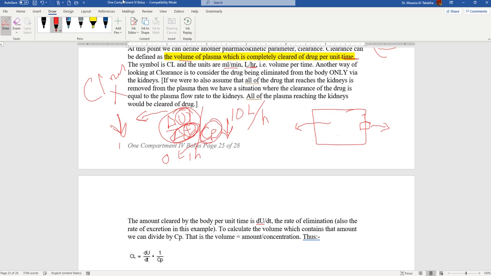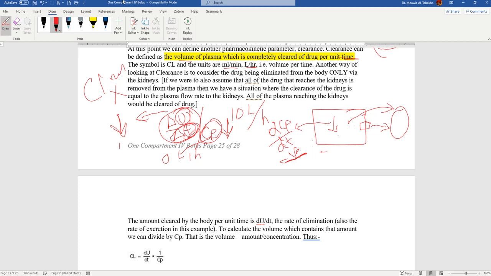Here we have dCP/dt, and we agreed that this is a negative value. Why is it negative? It's negative because the concentration is decreasing here. If you are at this side, the opposite is happening. What does it mean the opposite is happening? It's decreasing here but increasing here, because with time more drug gets out. It's accumulating outside.